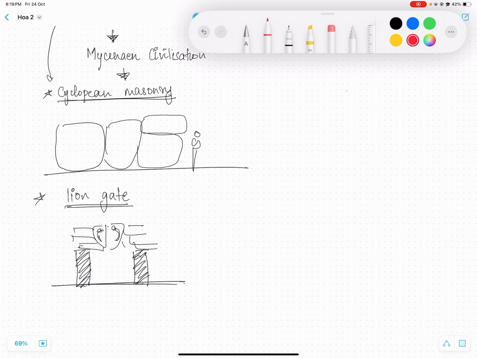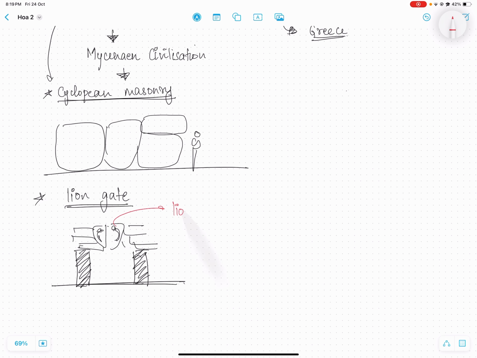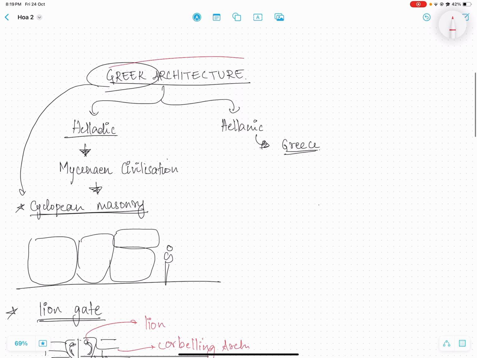So these were the lion sculptures or lions' faces, and this is a corbelling arch, and these are posts.